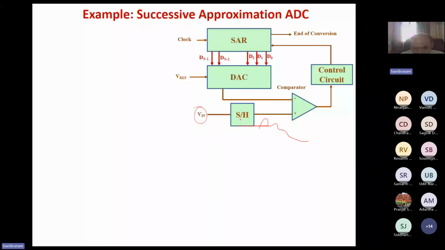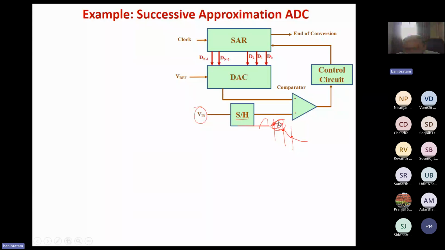Through this sample and hold we are sampling it, right? Sampling means we are discretizing it. We discretize this value and hold it for a particular moment, and this holding time should be greater than the conversion time of the successive approximation ADC, so that within this time frame the proper converted output of the corresponding analog input voltage will happen, right?